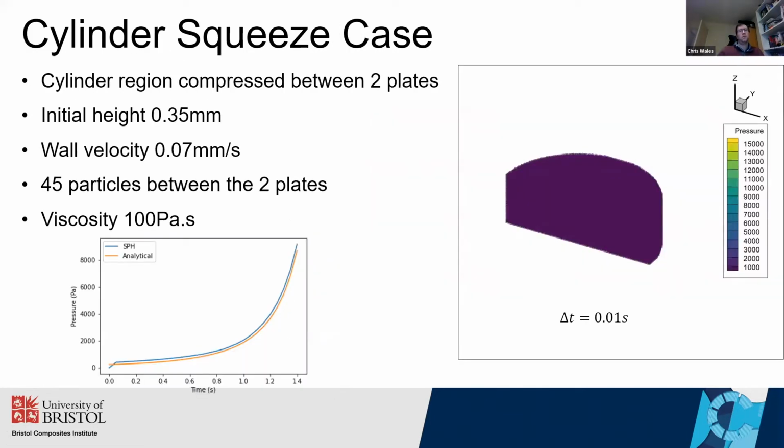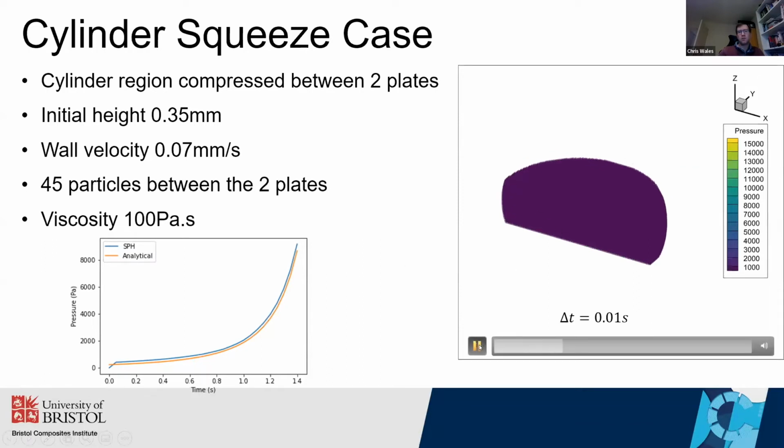So, moving to 3D. In this case, we've got a cylinder of resin being compressed between two plates. I haven't shown the top and bottom plates for this one, and I've just removed half the particles. So we can see the effective pressure evolution through the resin region.